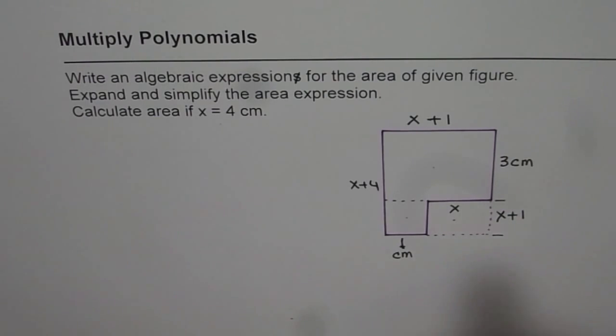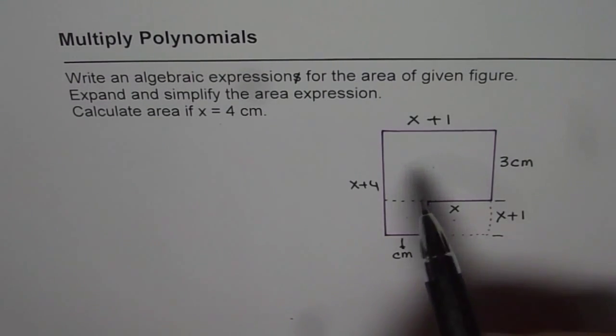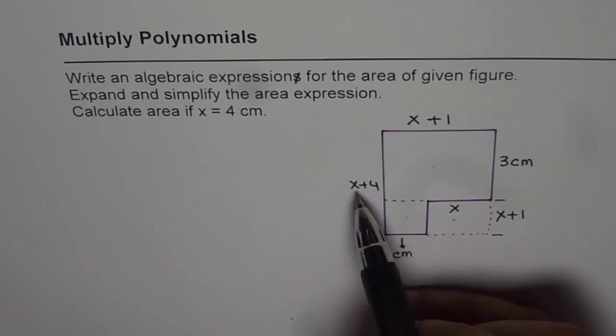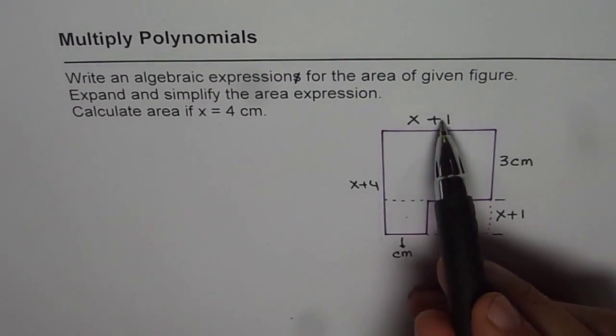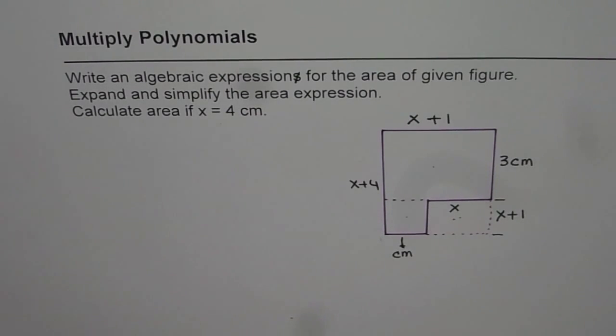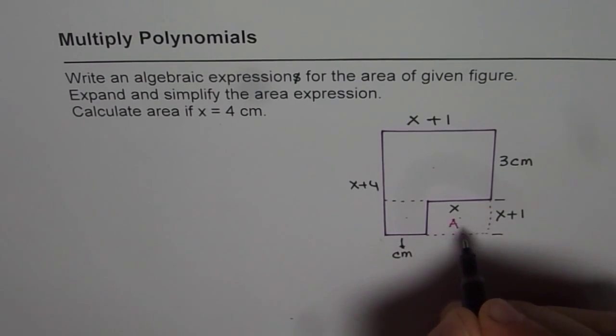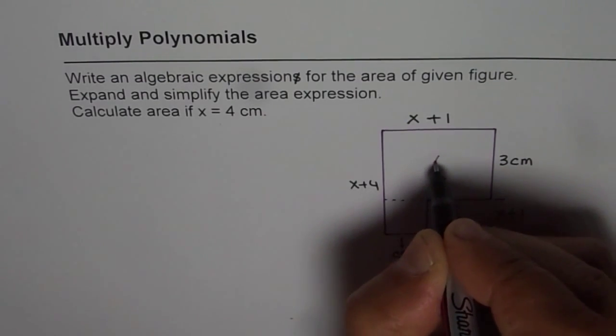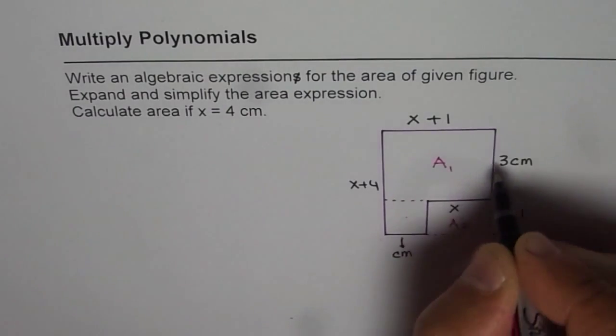So let us say that we use total area, which is x plus 4 times x plus 1, take away the area of this rectangle. So we'll use that formula for the time being. Say this is my area 2, that is my area 1. Area 1 is the total area.